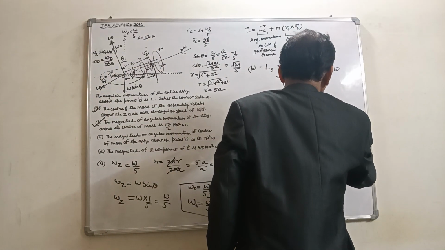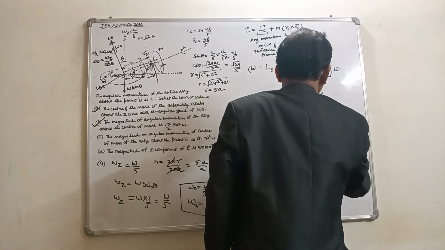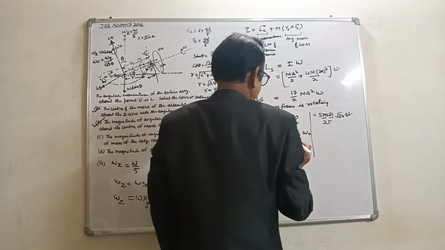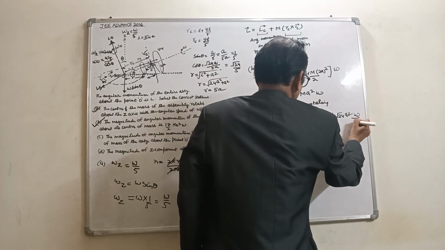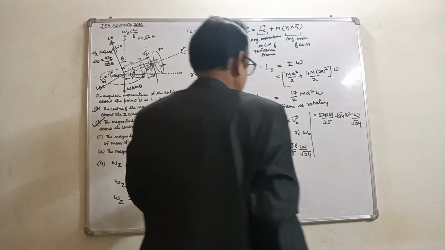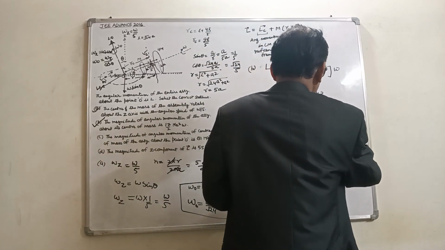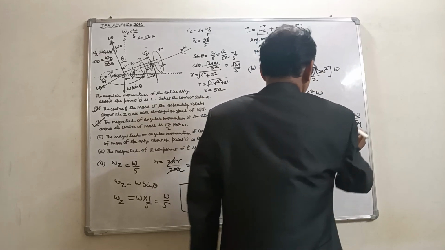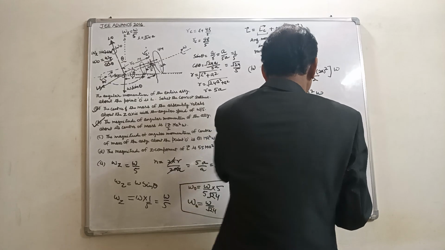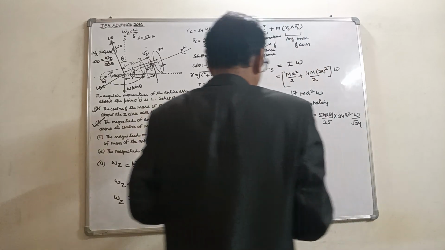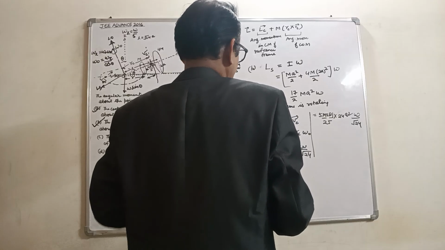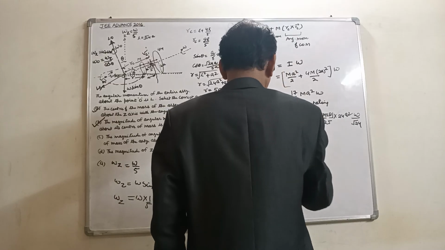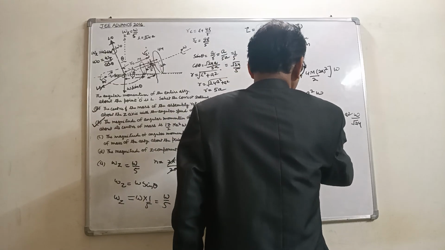This is m cross 81 and 24a square into omega by root 24. 24a square becomes root 24a square, so this cancels with 5m. The 25 becomes 5.